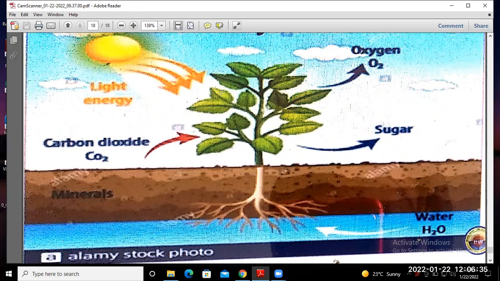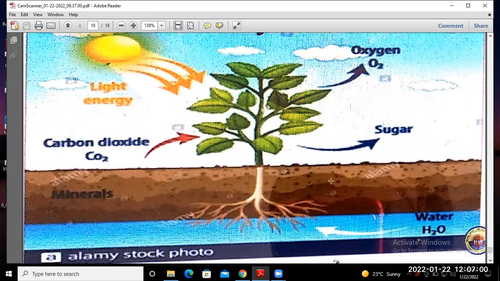Oxygen is released, and the synthesis process takes place in the presence of water and carbon dioxide, with oxygen released.